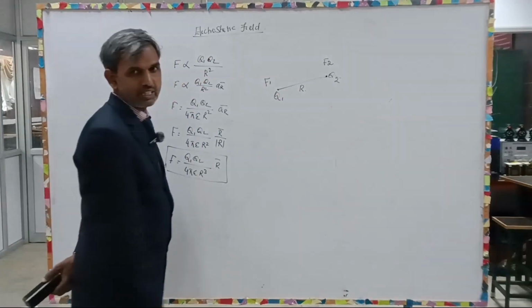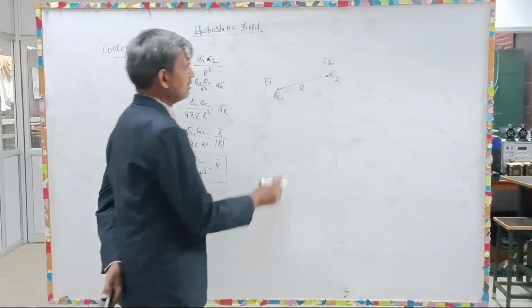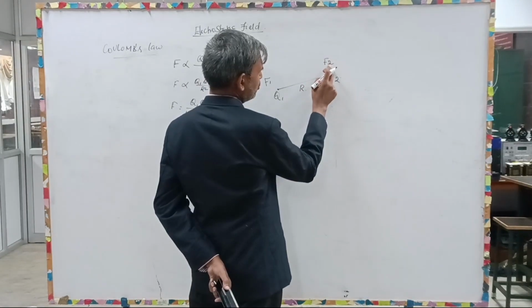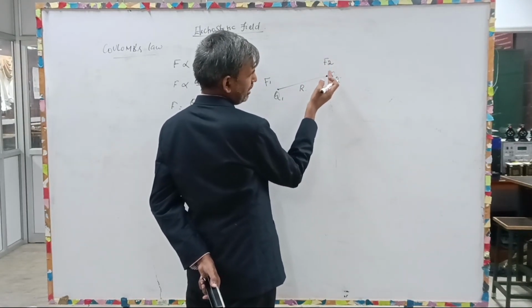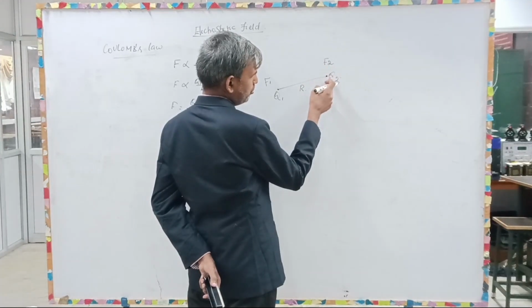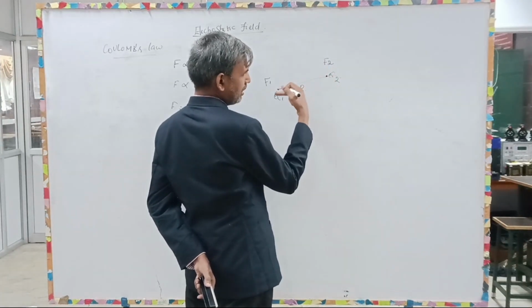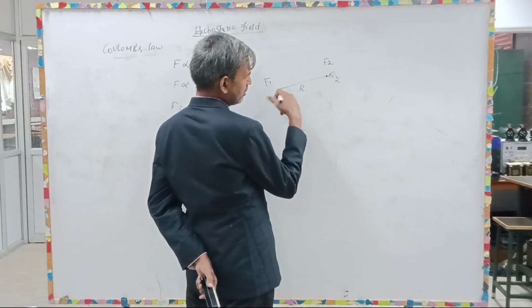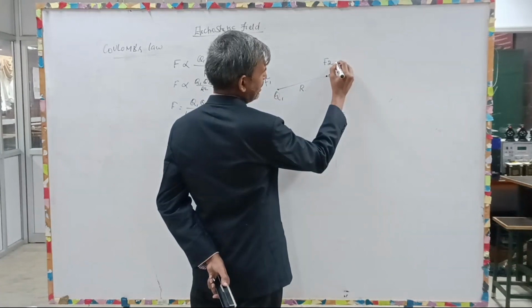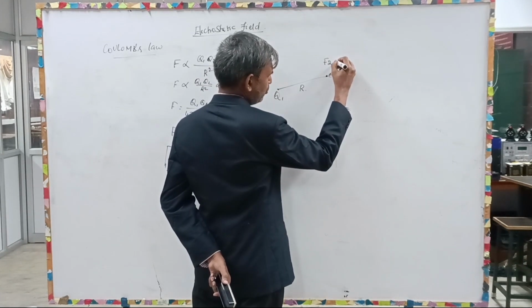F2 is the force on Q2 due to the interaction of Q1, so we write it as F21.